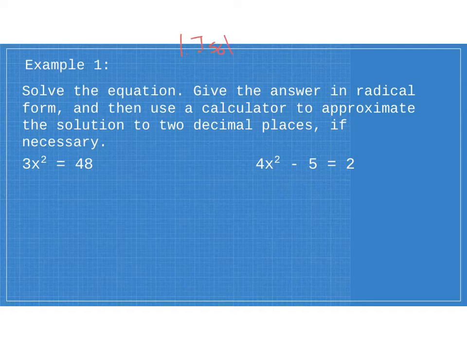Okay, so our first step is isolate the squared term. So in this case, we would divide by 3, and you get x squared equals 16. Then once you've isolated the squared term, you're going to take the square root.